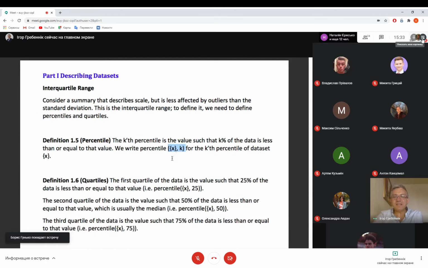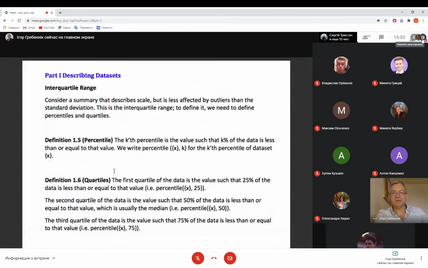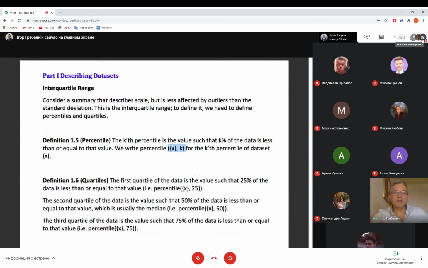For some fixed k, we will consider special values, special percentiles. They have special title: quartiles. The first quartile of data is a value such that 25% of the data is less than or equal to that value.